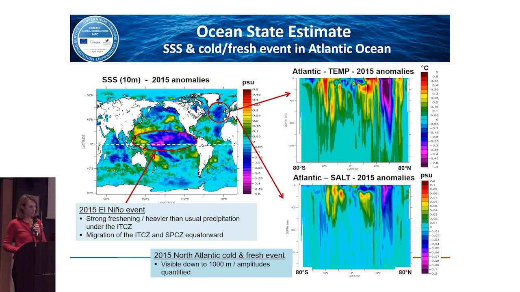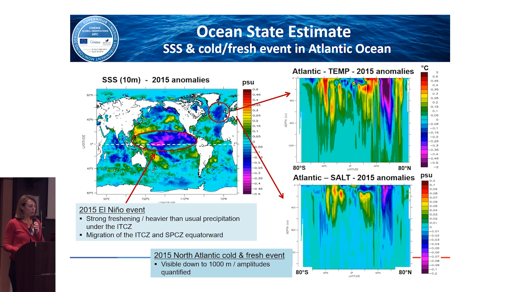Also, we have access to the 2D variability of the field. Here is an example for the near surface salinity at 10 meter depth. Here you have the anomalies for the year 2015 compared to the 20 years mean. We can also see the strong impact of the 2015 El Nino event with a strong freshening in the equatorial Pacific Ocean, because we had heavier than usual precipitation under the intertropical convergence zone.